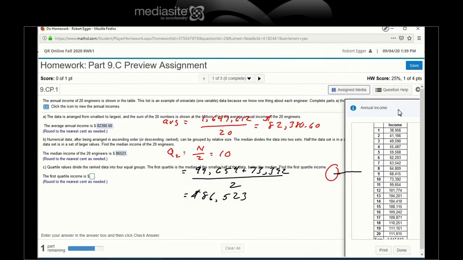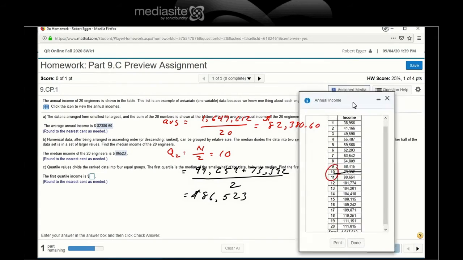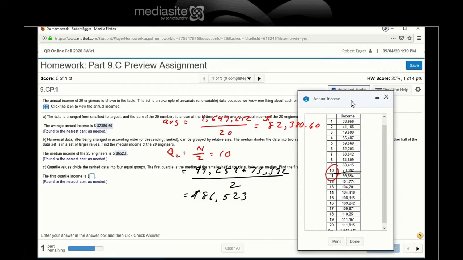Now we're going to do the quartiles. Find the first quartile income. And the first quartile income, and this was Q2 here, by the way, is going to be the middle of this part.